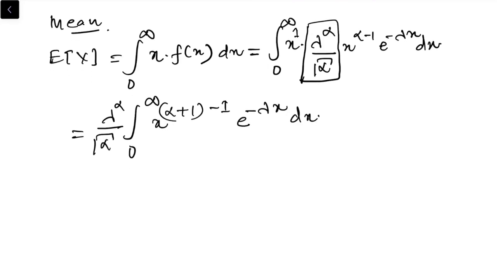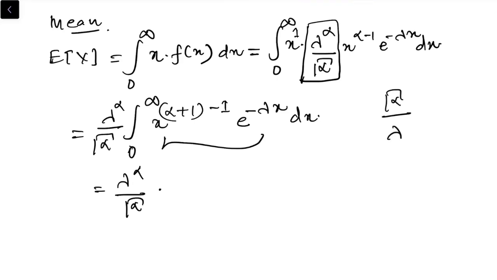Now we can use the gamma integration because this is in the form of gamma integration and the limit is also 0 to infinity. So this is lambda to the power alpha over gamma alpha. The formula of the gamma integration is gamma alpha divided by lambda to the power alpha. So here in place of alpha we have alpha plus 1, and in place of lambda we have just lambda.